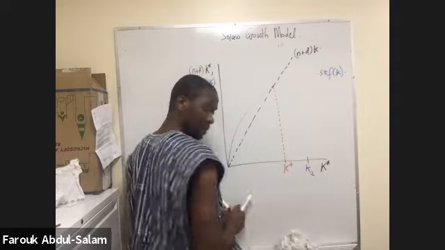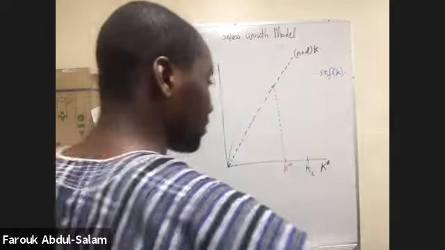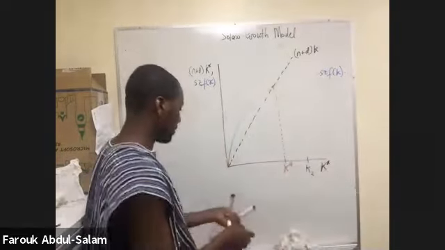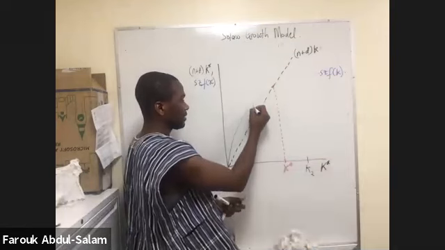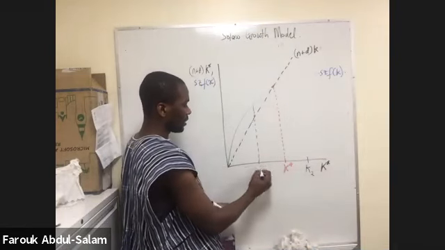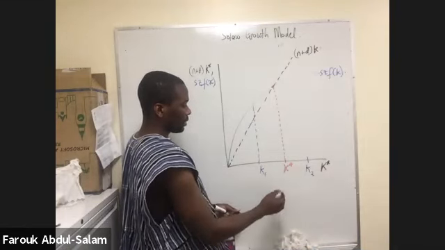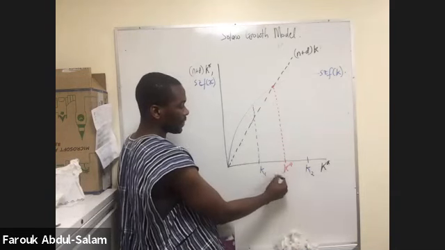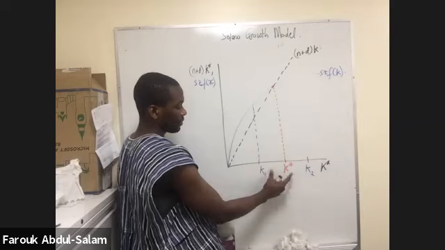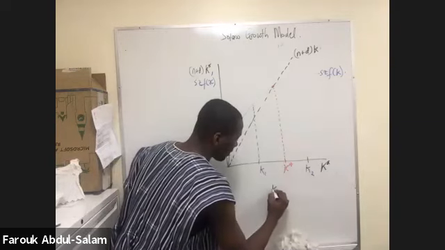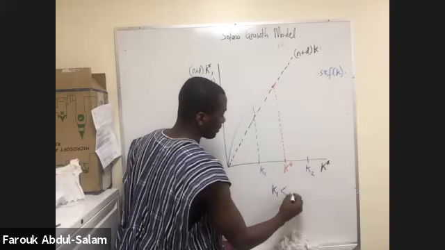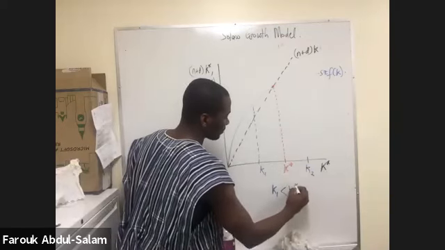And let's take this guy to be K1. Let's see what happens if you happen to be here, where your K1 is less than the potential steady state value.